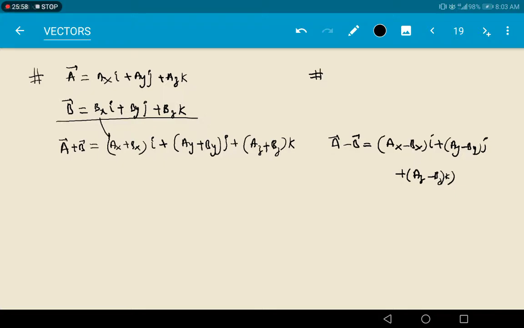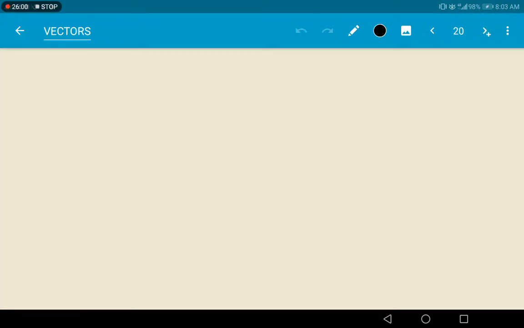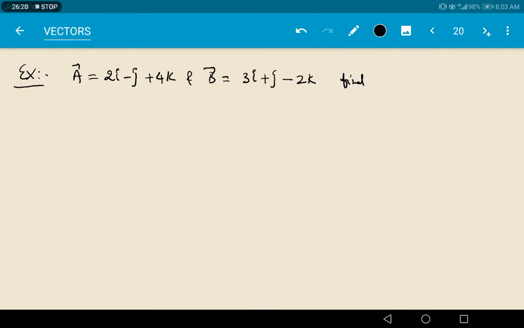Let us take one example here. The question is given like this: a bar is equal to 2i minus j plus 4k, and b bar is equal to 3i plus j minus 2k. Now the questions they are asking are: find a bar plus 2b bar.